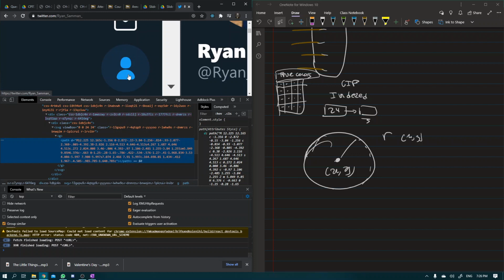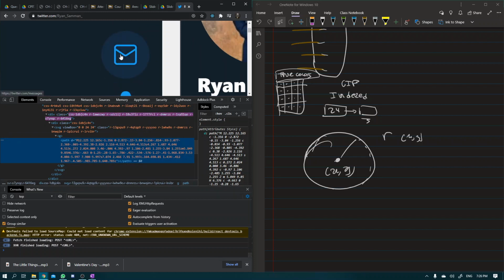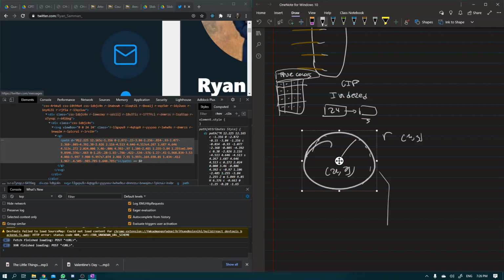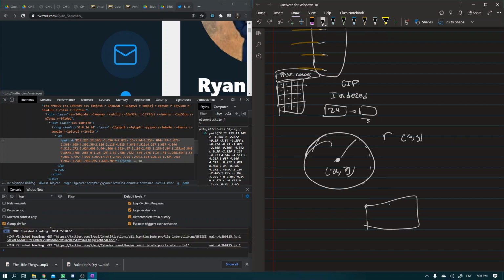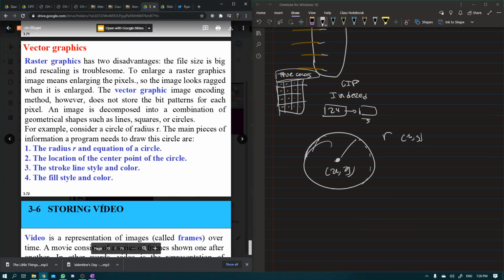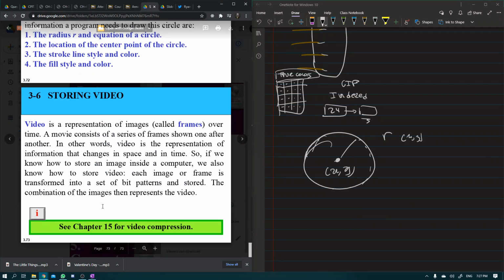No need to store every single pixel on here. You could just store an approximation. The same thing with here. You know that this thing is just a box that has curved edges, and it has two lines over here. Of course it's probably more complicated than that, but you don't need to know it for this.